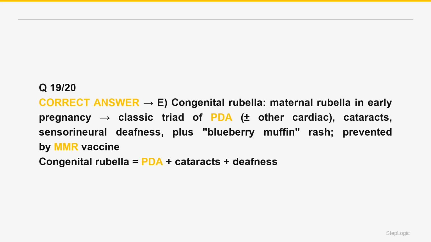Other features include the blueberry muffin rash from dermal hematopoiesis. It is a TORCH infection and is preventable by MMR vaccination, a live vaccine, so given before pregnancy and contraindicated during pregnancy. The PDA, cataracts, deafness triad from early maternal infection is congenital rubella.